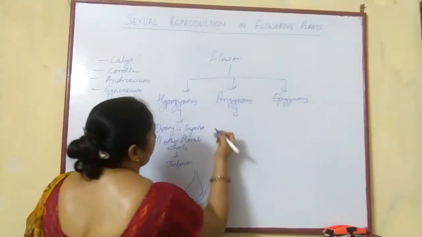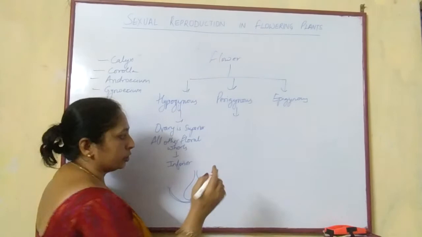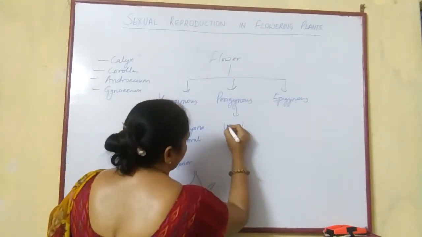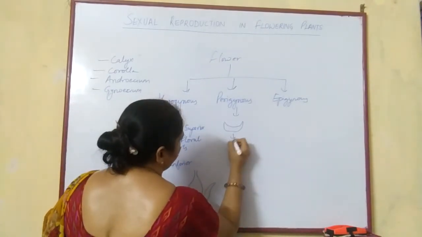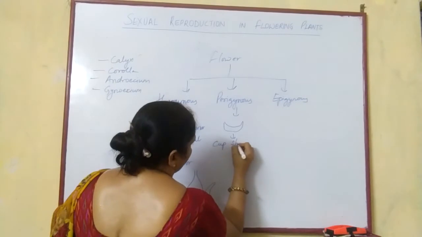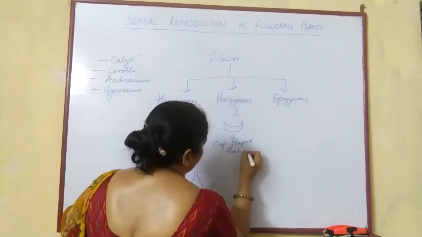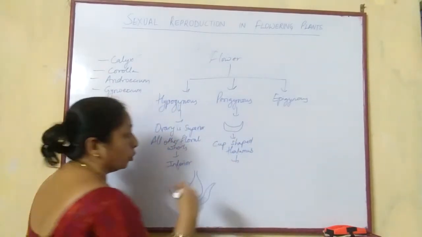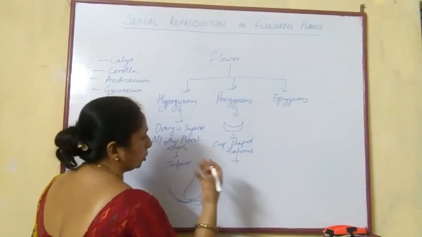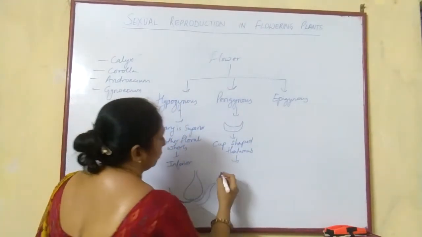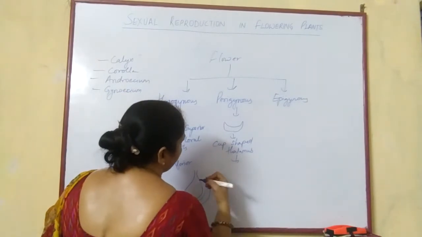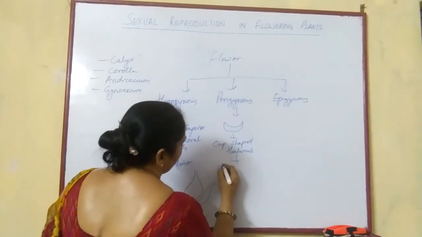Perigynous condition: the thalamus forms a cup-shaped structure in which the ovary is situated, and all other floral whorls start from the disc or rim.